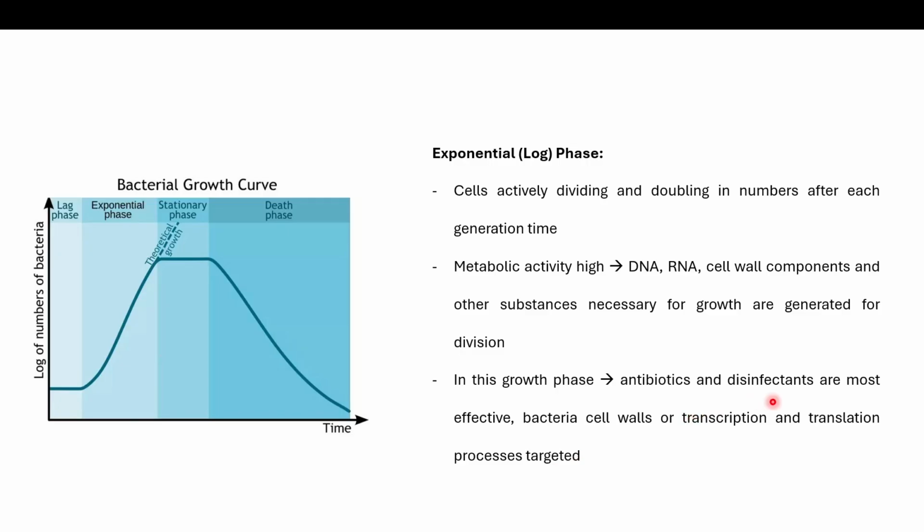The antibiotics or disinfectants are most effective during this phase when the cells are actually dividing. They target the cell walls of bacteria, or the protein producing machinery of bacteria, where they are actively dividing. If you're targeting those crucial processes or machinery, or the cell wall itself, the division is inhibited, and if the division is inhibited, ultimately the growth is inhibited. So this is the phase where mostly these antibiotics and disinfectants target the cells.